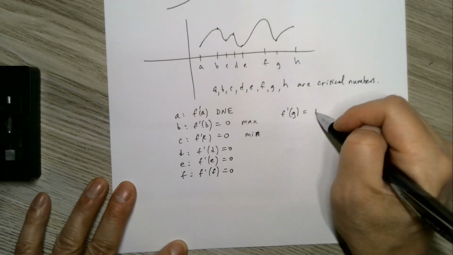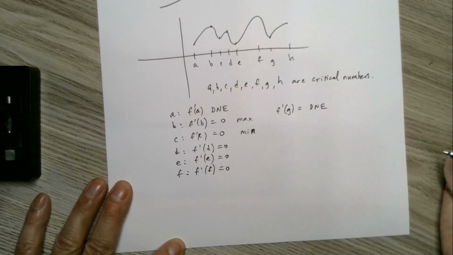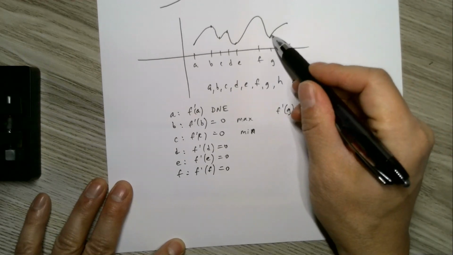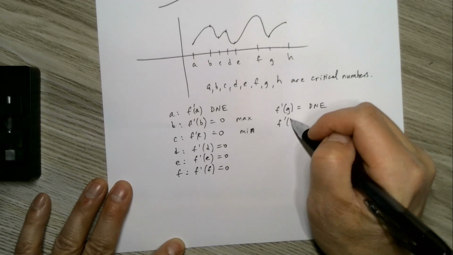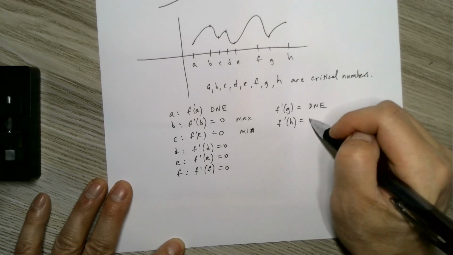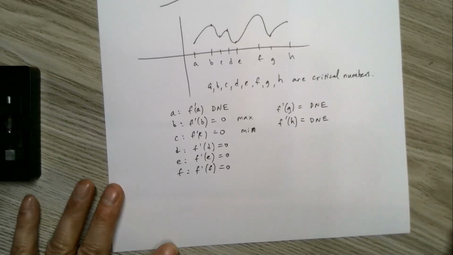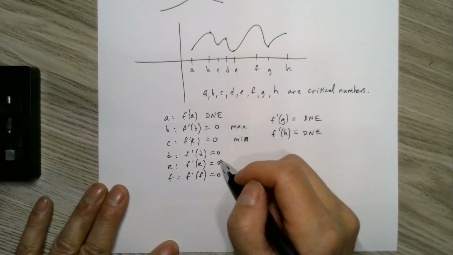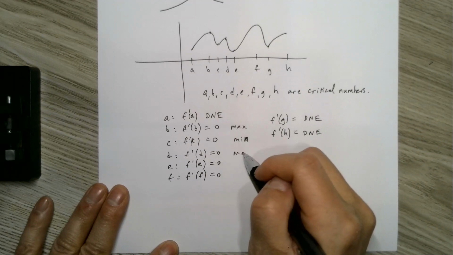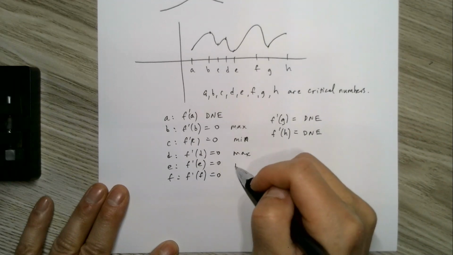Now when we get to G, we finally get a does not exist here because of that sharp point there. And at H, it's an endpoint. So the slope does not exist there either. Let's go back here. That's a max. That's a min.